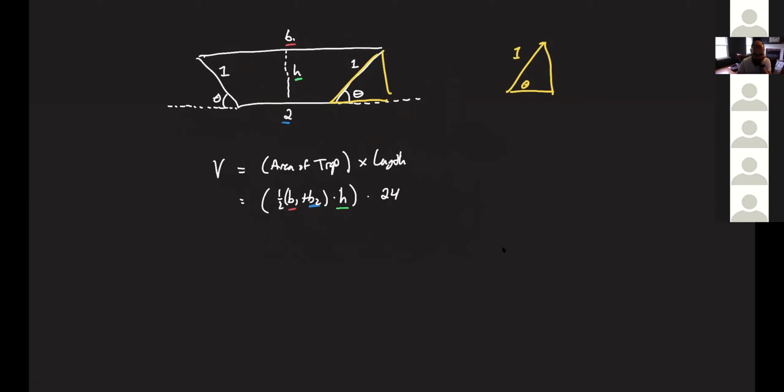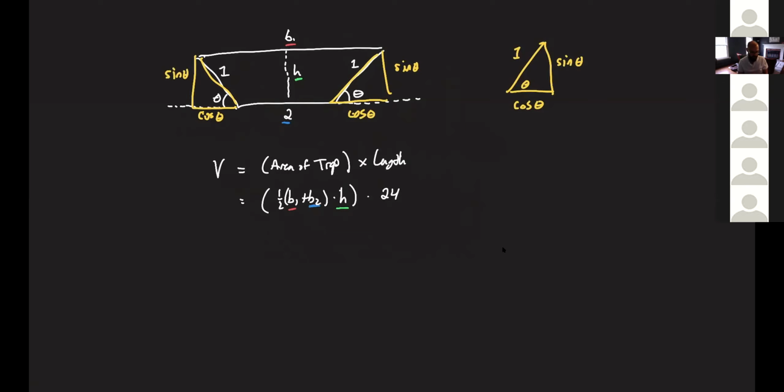One of our facts from trigonometry is that the length of the base here is cosine of theta, and the height of the triangle is sine of theta. So this is cosine theta, and this is sine theta, and the same thing over on this side: this is cosine theta, and this is sine theta.